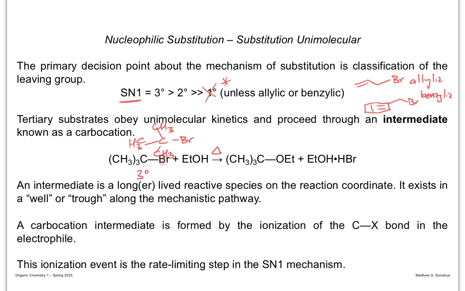So that bromine I'm highlighting in red gets substituted for O-ethyl. Where does the O-ethyl come from? It comes from the solvent. So what do you notice in here? The solvent and the nucleophile are the same thing. So when you look at a reaction and you don't see that other thing, that separate nucleophile, it's a good indication it's an SN1 reaction.